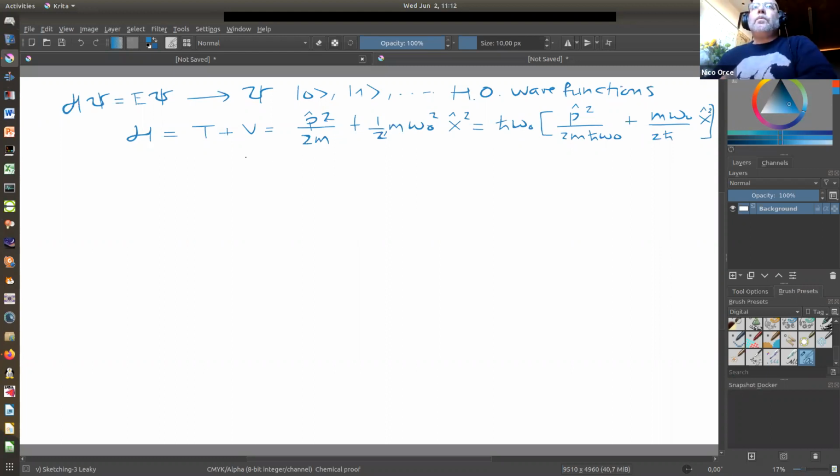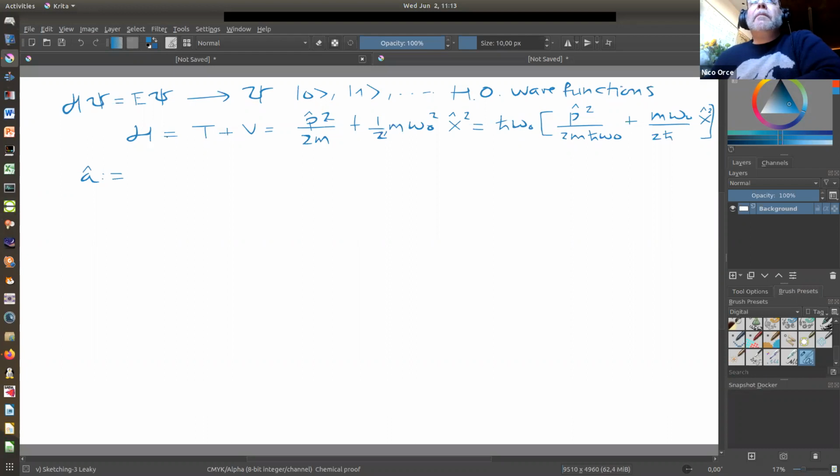So now we define A, the annihilation operator, and we call it the annihilation operator because from one level, we annihilate that level and go to the one below. The creation operator will be the other way around: from one level, we create the next one.